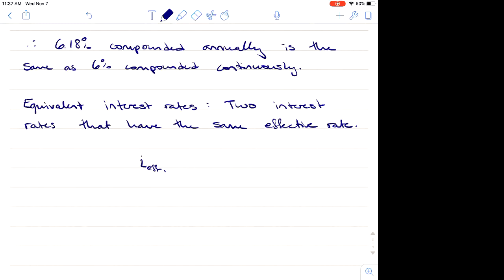So what I'm saying is that the effective rate of the first has to be the same as the effective rate of the second to be equivalent.